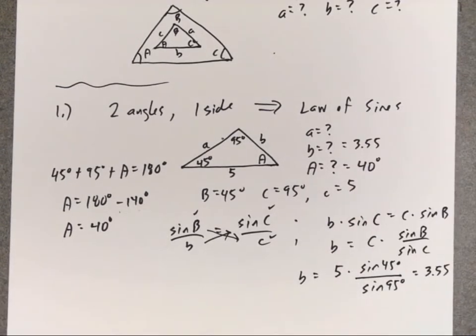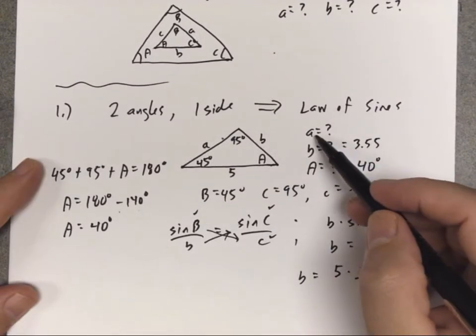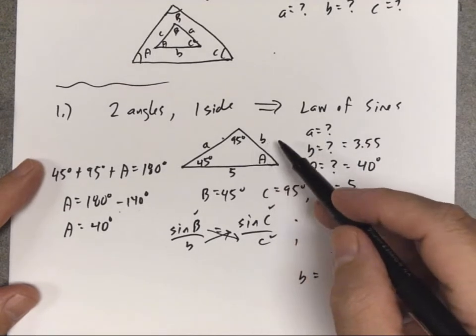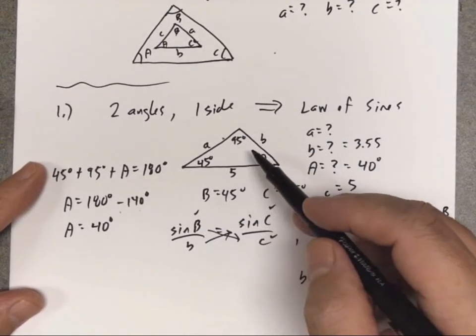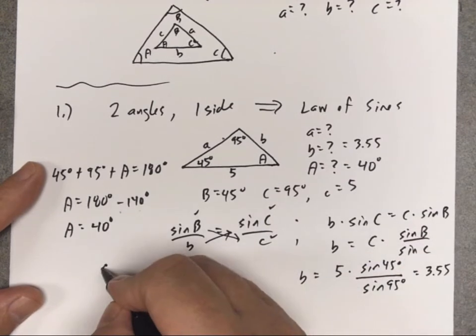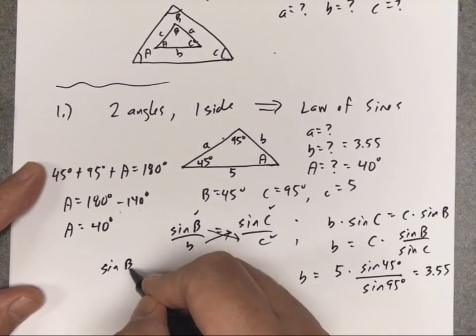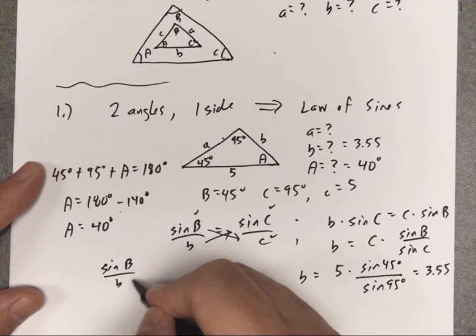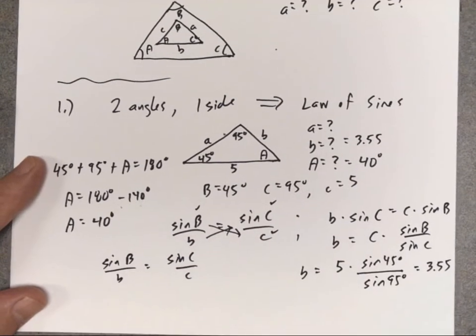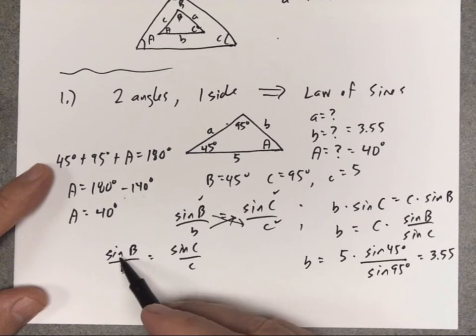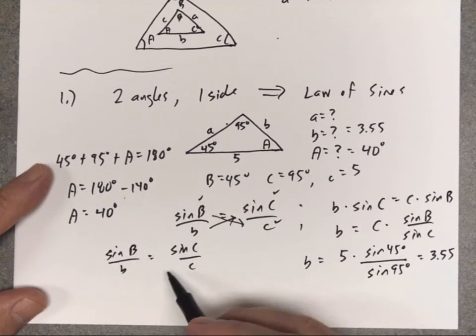The only thing left is to determine the length of side A. What am I going to do? I'm going to use the law of sines again, and I have a choice now. I can either pair A up with B or C. Then we just paired up with C since they're nice numbers here. So I'm going to say the sine of angle B over little b equals the sine of angle C over little c. Let me just go and plug in everything I know here.